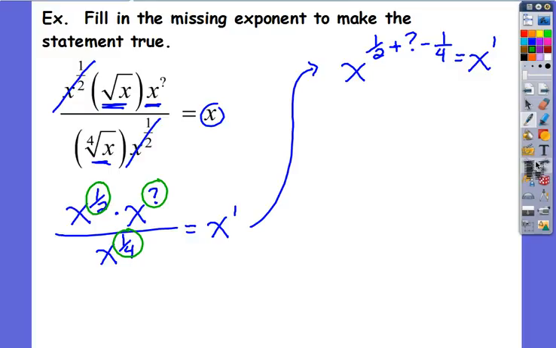So if you go ahead and clean this up, I have x to some power should equal x to the 1st power. So really I have 1/2 plus whatever that unknown exponent is, minus 1/4 has to equal 1. If I get a common denominator, 1/2 is the same as 2/4.